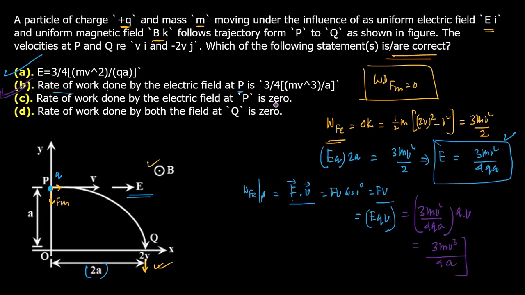Now if B is correct, then C is incorrect, because it says the work done by the electric field at point P is 0.